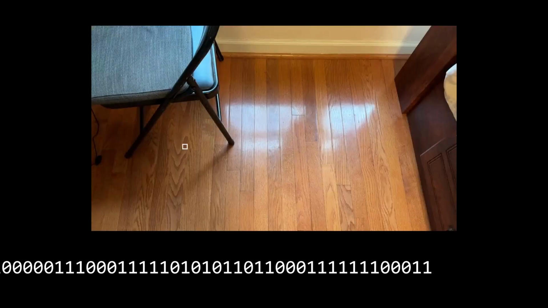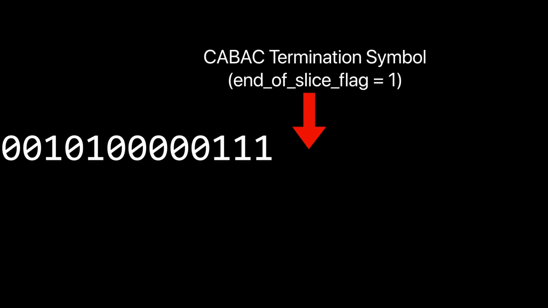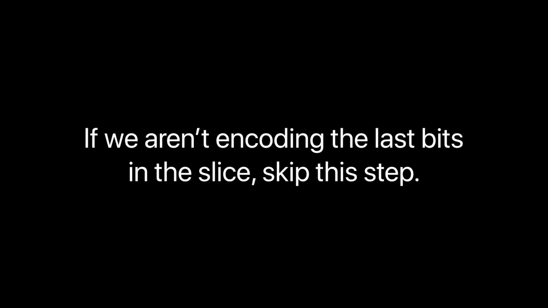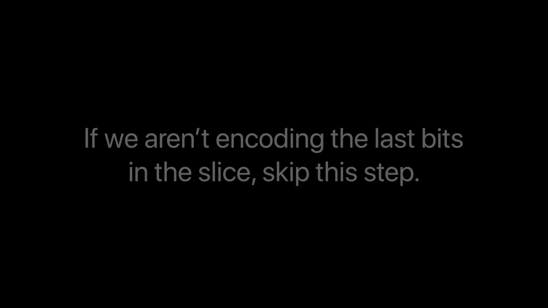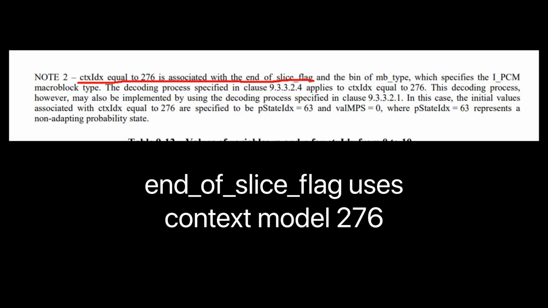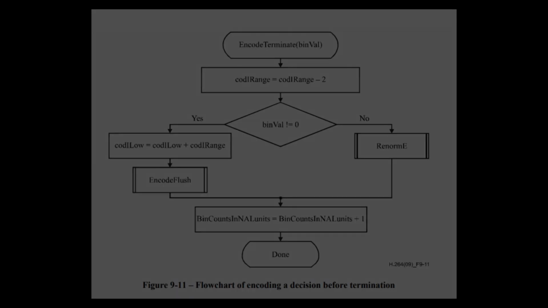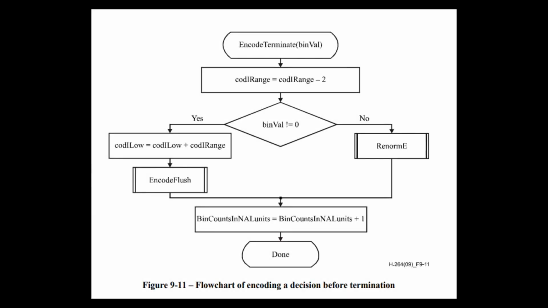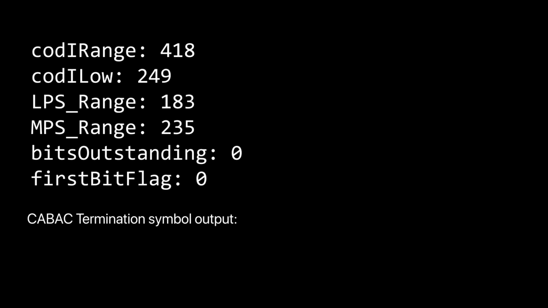After encoding all bits in the slice, the encoder first writes the CABAC termination symbol, a 1, to signal the end of encoding for the slice. If we aren't encoding the final bits in the slice, skip this step. This symbol uses the context model 276 and requires a special method to process. Decrease code I range by 2, then increase code I low by code I range.